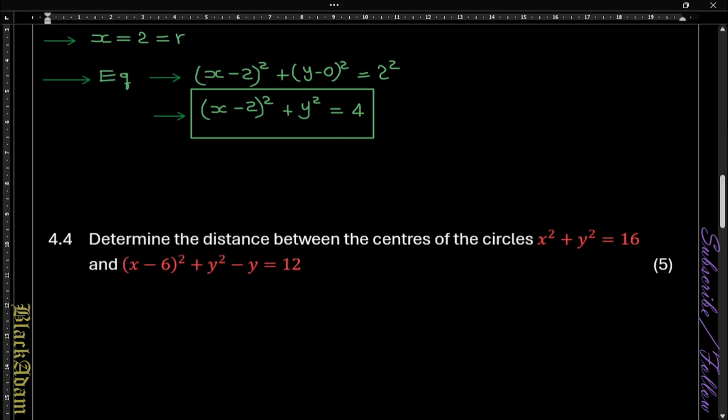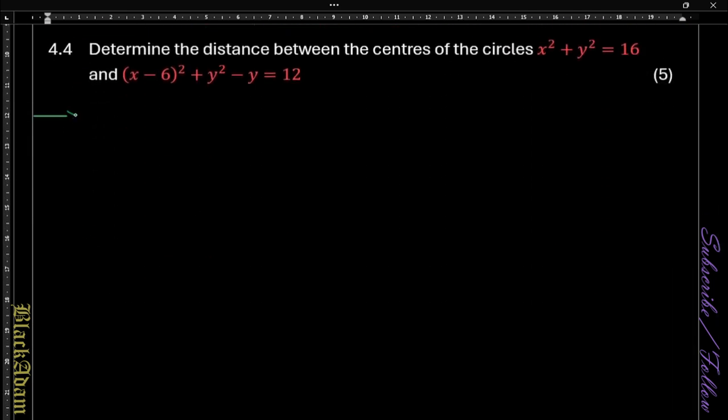4.4, determine the distance between the centers of the circles where x squared plus y squared is equal to 16, and x minus 6 plus y squared, minus y actually, is equal to 12. So we need to find x squared minus y. We complete the square, so it's half of b, so it's negative 1 over 2 squared minus negative 1 over 2 squared is equal to 12.